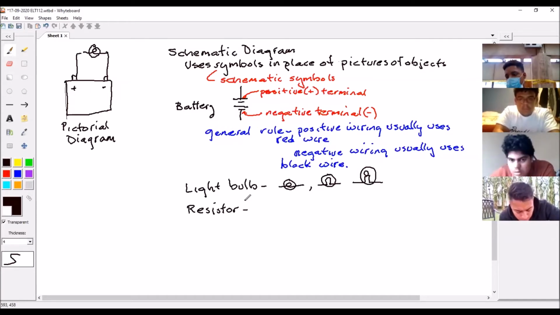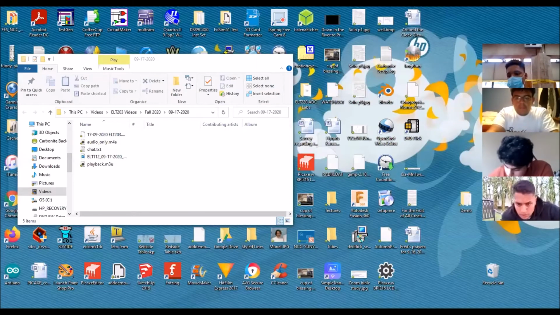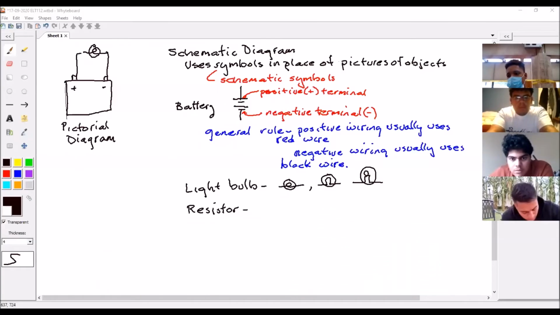Okay, so you've seen some resistors already. Yes. Let me show you a couple of other different kinds of resistors. Just need to pull up a file. Had it, then lost it.